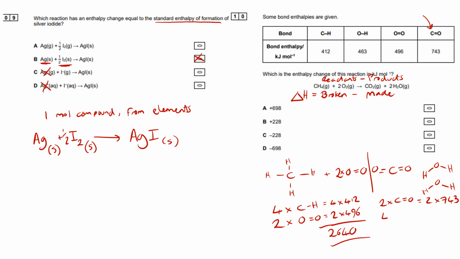So add those values together and you get the bonds being made, or the products bond enthalpies, as 3,388. Enthalpy change, bonds broken or reactants minus bonds made or products, will give us our final enthalpy change of minus 698 kilojoules per mole. Answer D.